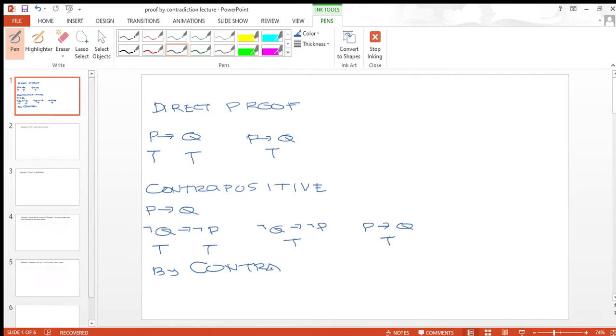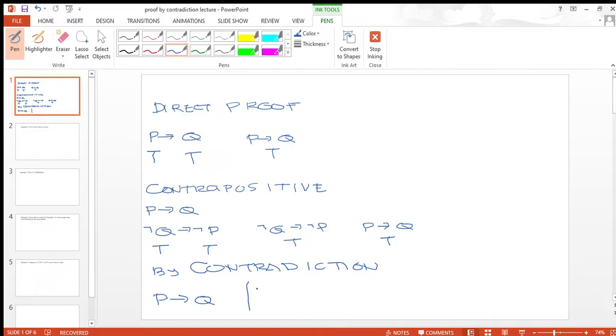And for this third type, still we are considering P implies Q. And what will we now do with the given P implies Q? So same thing will happen.